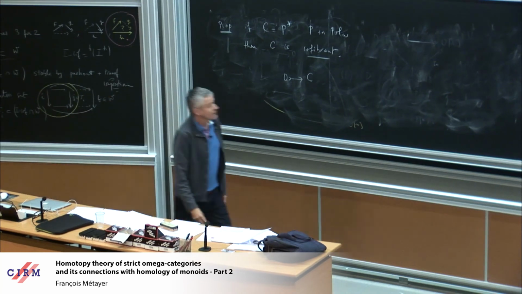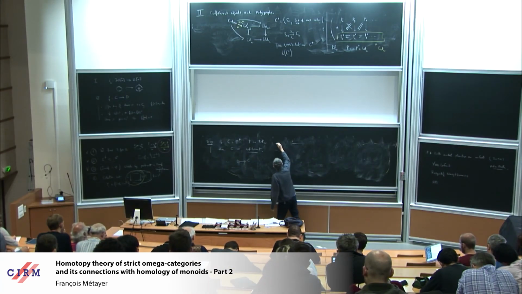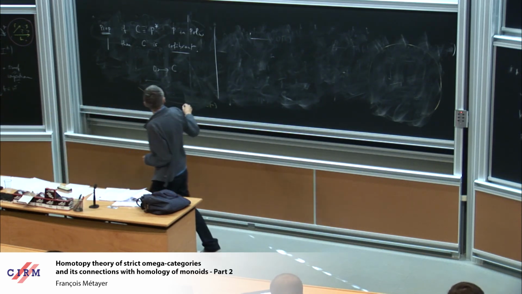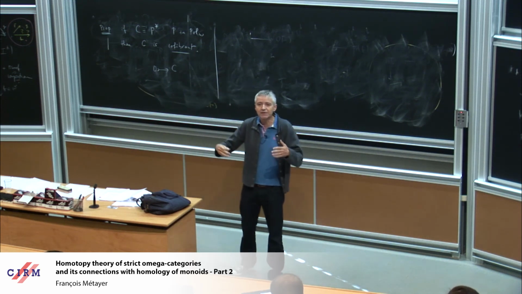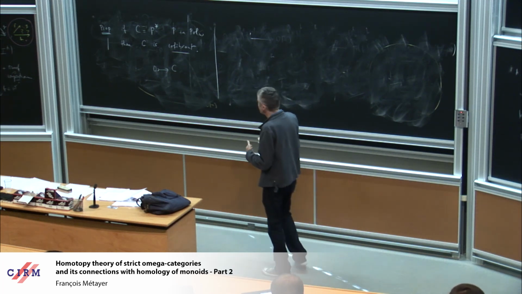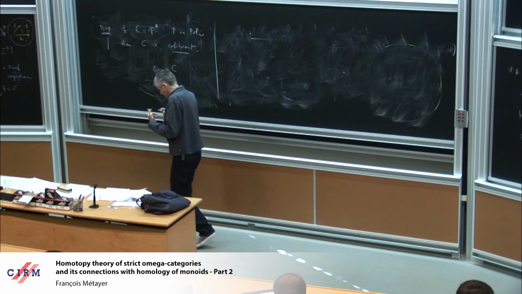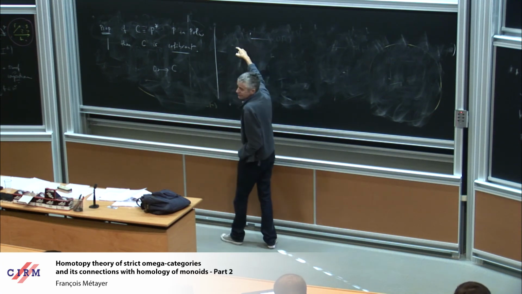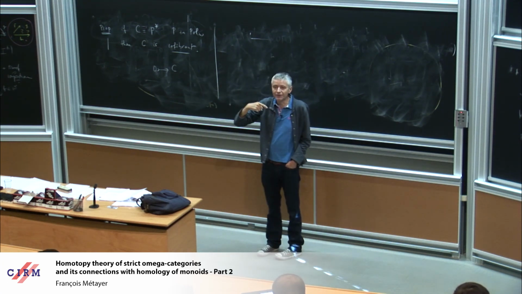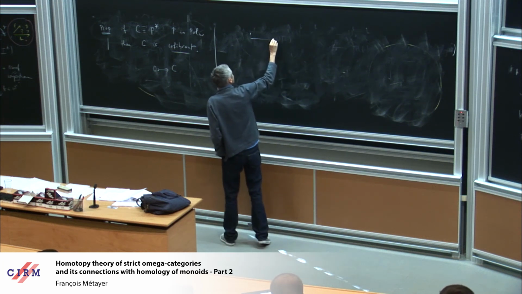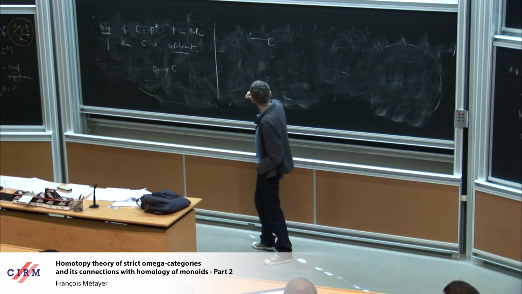So why is that? It's easy to understand, because you build these objects by freely adding cells on a base in a repetitive way. The step of adding cells on an n category looks like this. To add cells, you have your n category here.